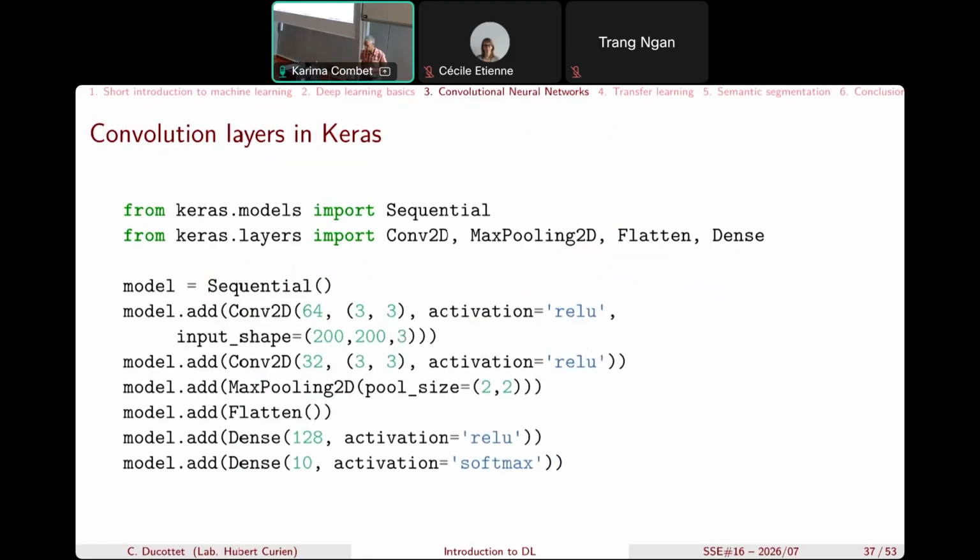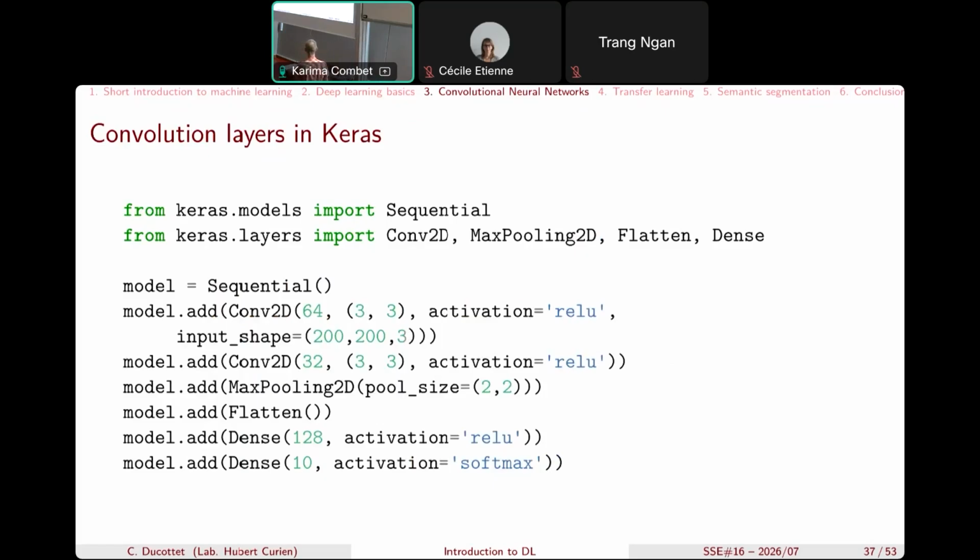So I will not go too much into the details. Here are just some instructions to add some convolutional layers. Here I add a 2D convolutional layer which will be of size 3 by 3 with 74 filters. I take 74 filters, so it will output 74 channels or 74 feature maps.